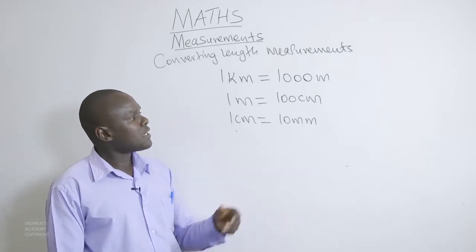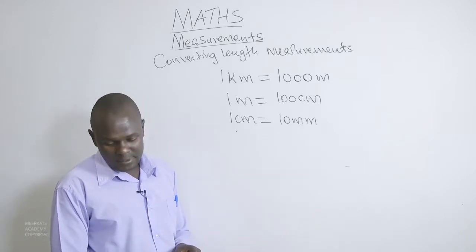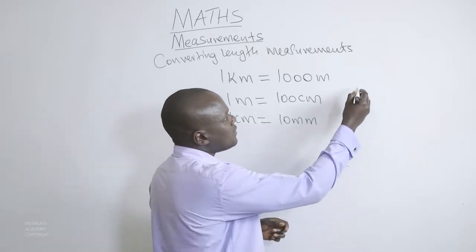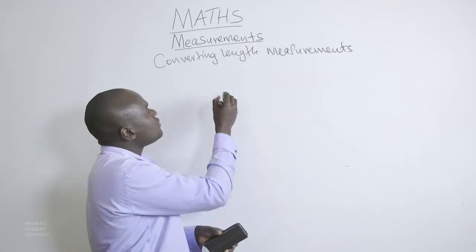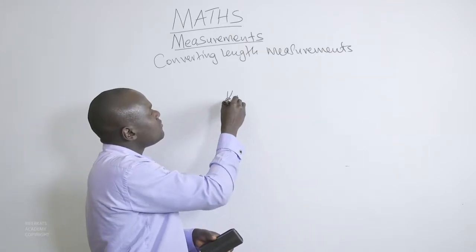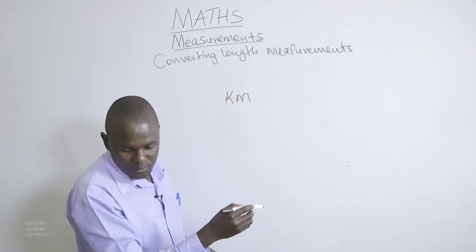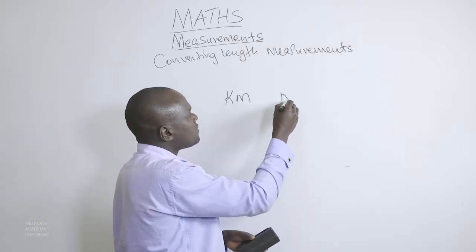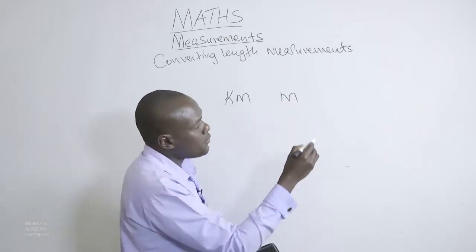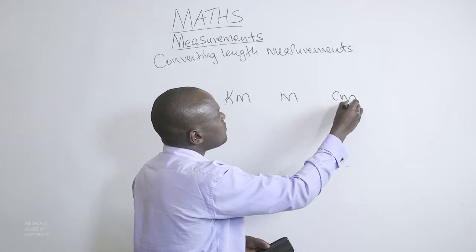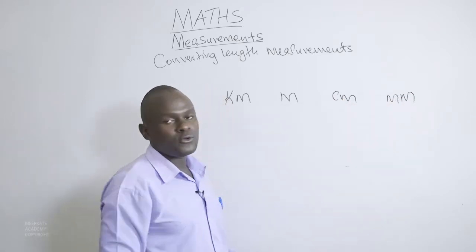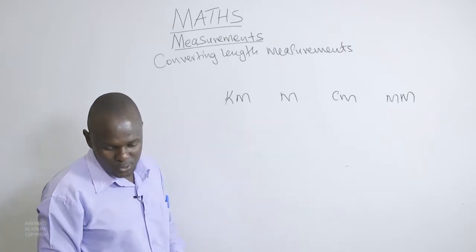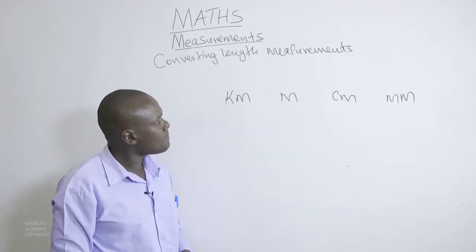So from this we can also have a diagrammatic flow where we can get conversions from a kilometer. When you want to convert from a kilometer through meters, through centimeters, and to millimeters, this flow chart will help you to understand this.